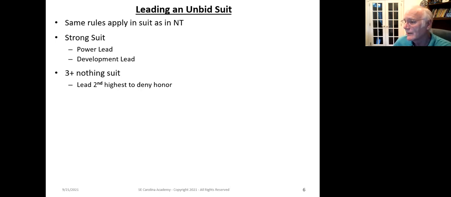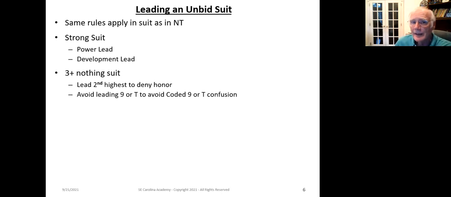Because remember, if you've got a doubleton, you're going to lead high and then low. That's called an echo. And we don't want to deceive our partner into thinking that we have only 2 cards in that suit. When we lead middle, then we're going to go up higher with the next card we play in that suit. And because we don't have anything, it's not going to hurt us to throw away a little bit higher card, an 8 or 9 or something like that.